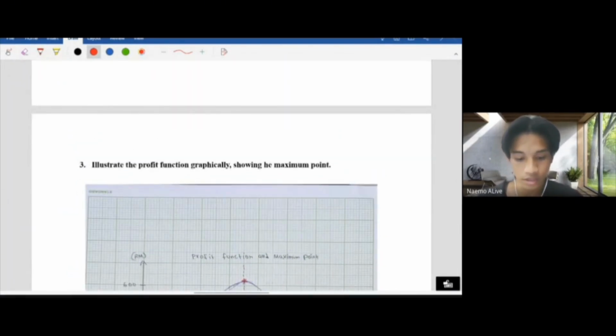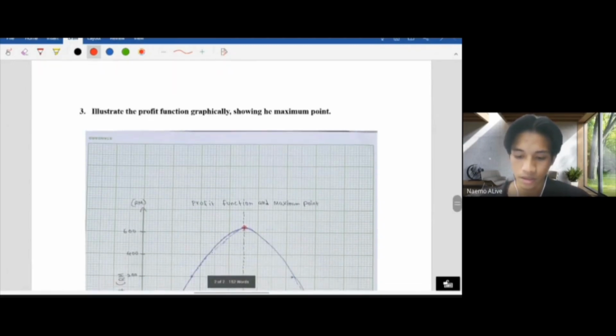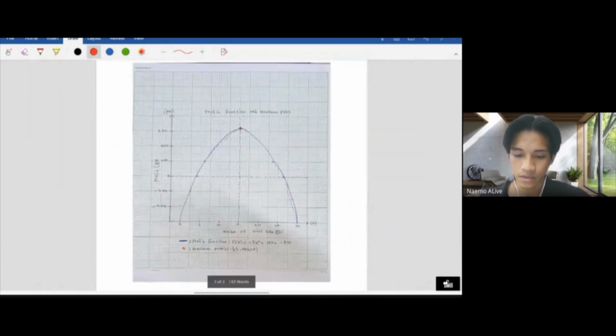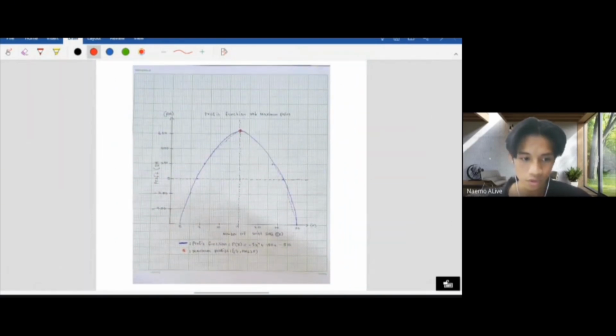And then for the chart, illustrate the profit function graphically. This is the graph that I made to visualize these functions. I can plot this profit function graph.